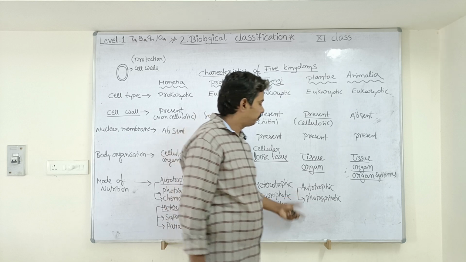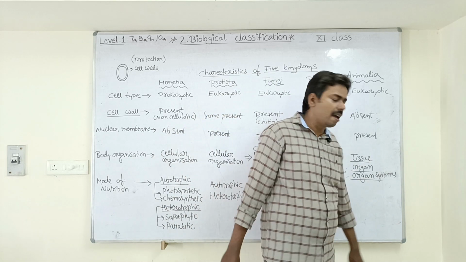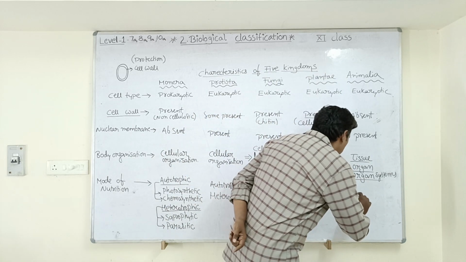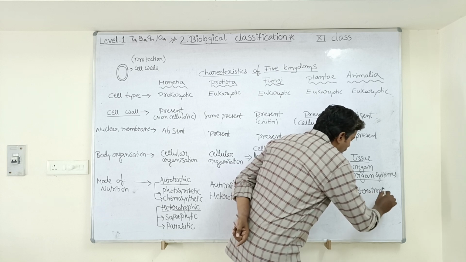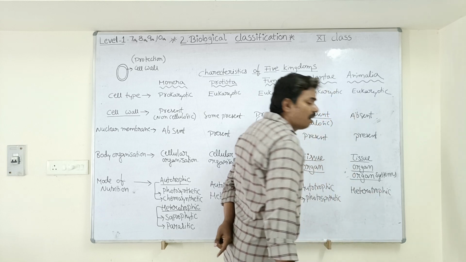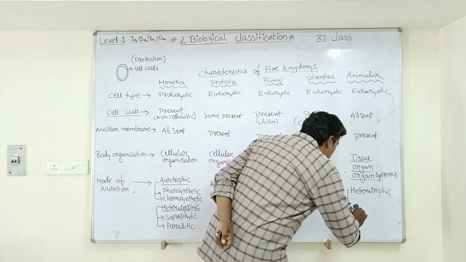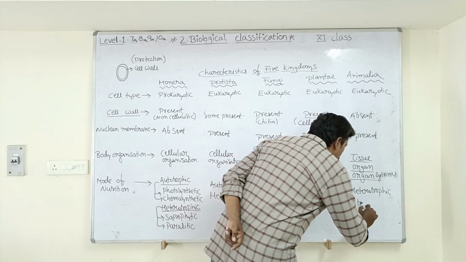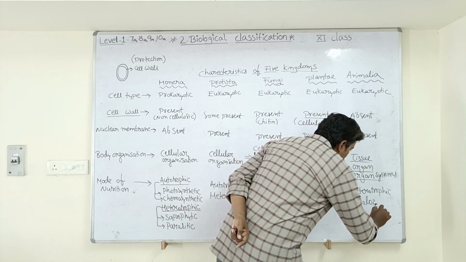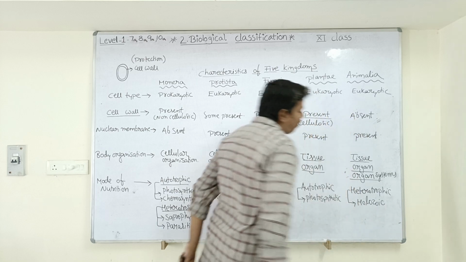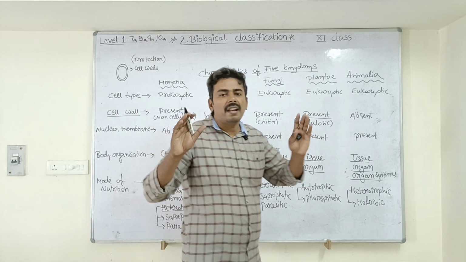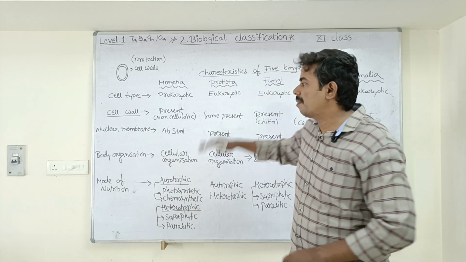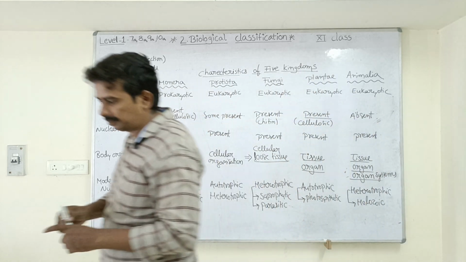Next, coming to Animalia, all the organisms show heterotrophic nutrition. Which type? Holozoic type of heterotrophic nutrition. Understood, students? Come on, copy down this.